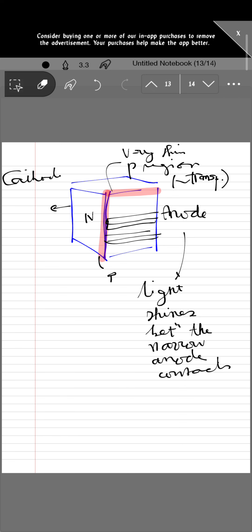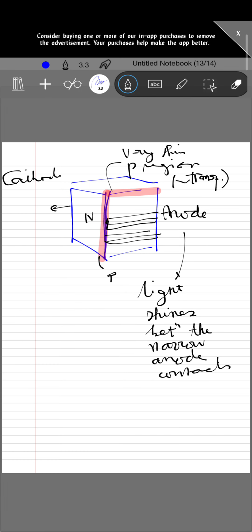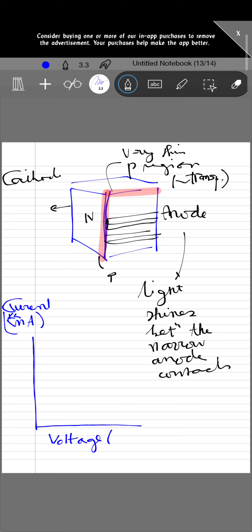If you plot current, sorry for the noise, current in milliamperes, plotted with the voltage in volts.